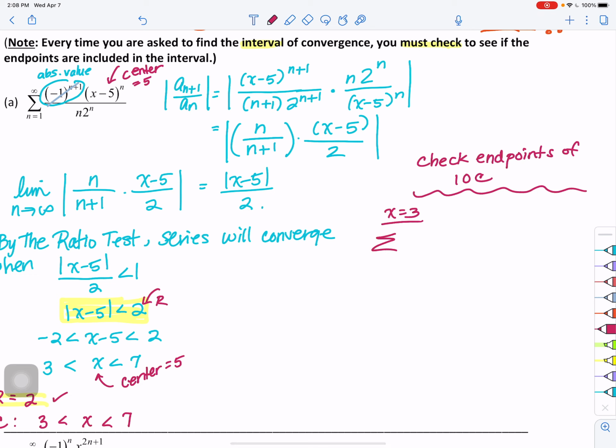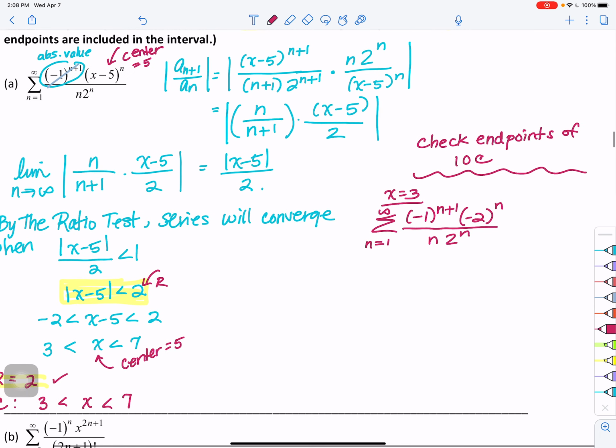The series is n equal 1 to infinity. We still have a negative 1 to the n plus 1 power. And now when we put a 3 here, we have negative 2 to the nth power all over n times 2 to the nth power.